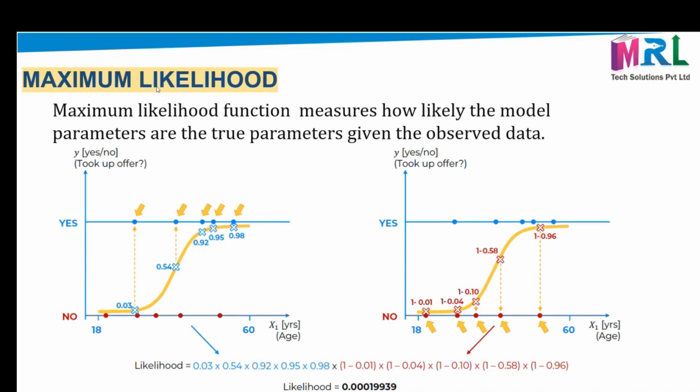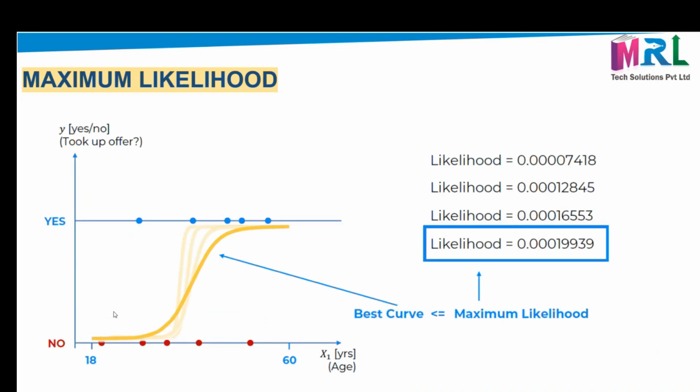So how the maximum likelihood is determined is because the shape of the curve may be of anything. It may be like this. Can you see the lighter line? The curve may be like this. I will show it with the pen.